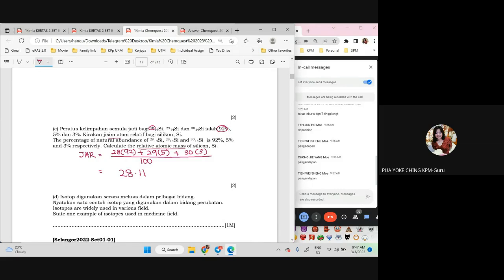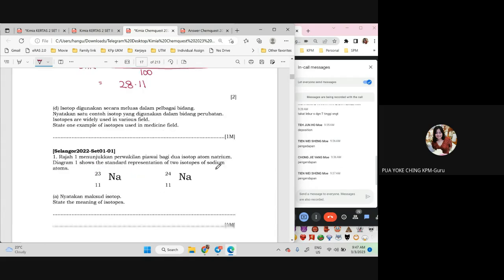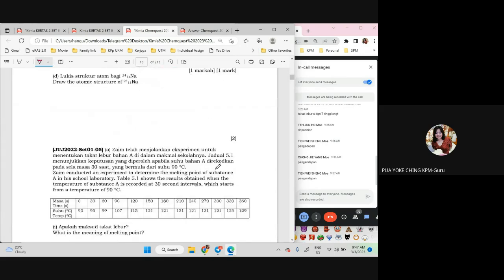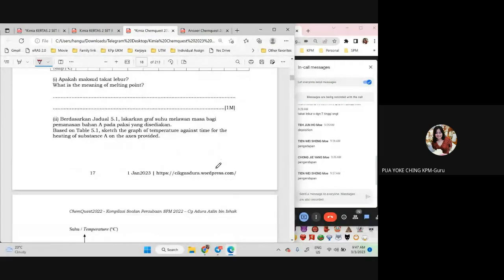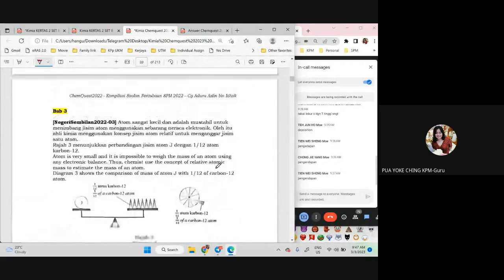Okay, so this is how you calculate the relative atomic mass. No unit sebab relative, walaupun dia mass, but there is no unit. So, I rasa itu saja untuk chapter 2.